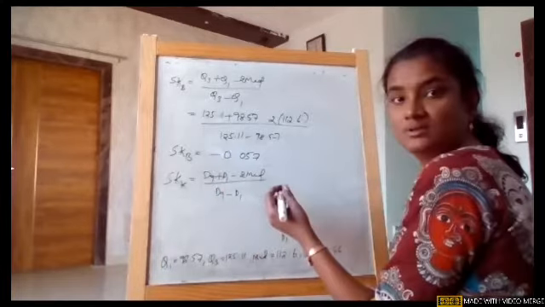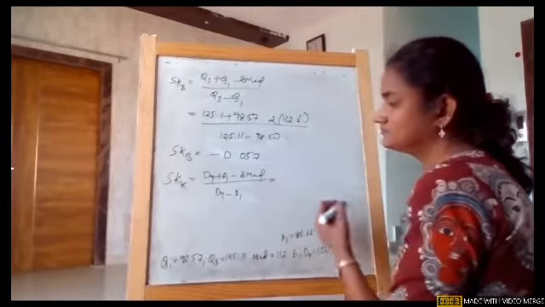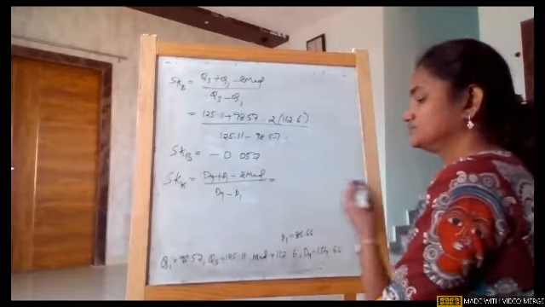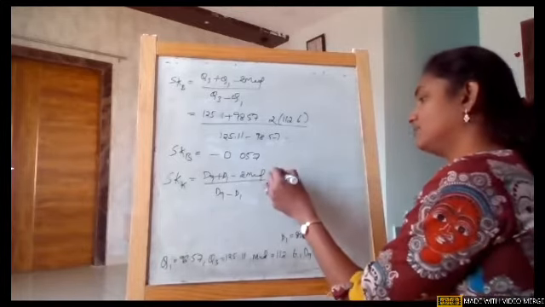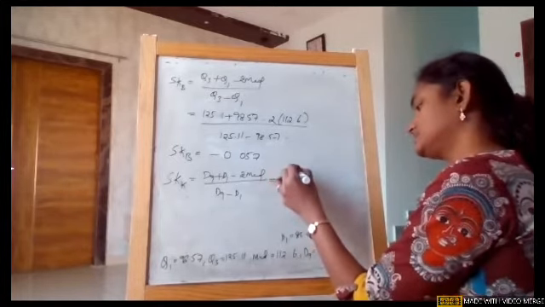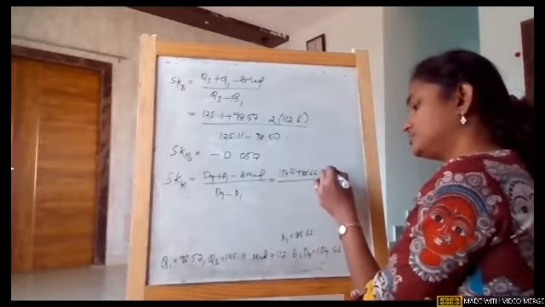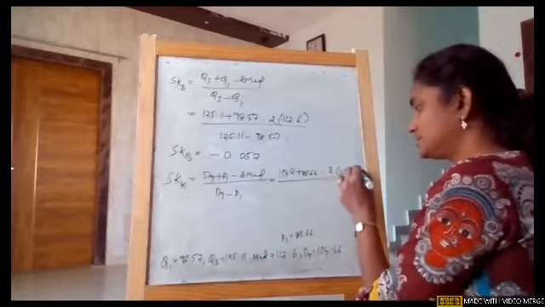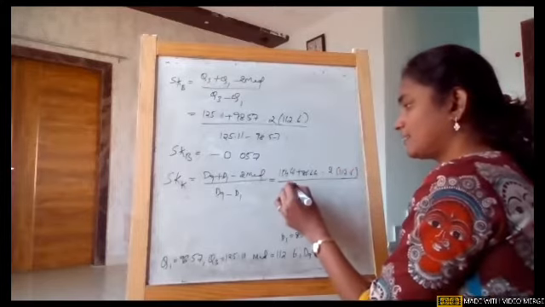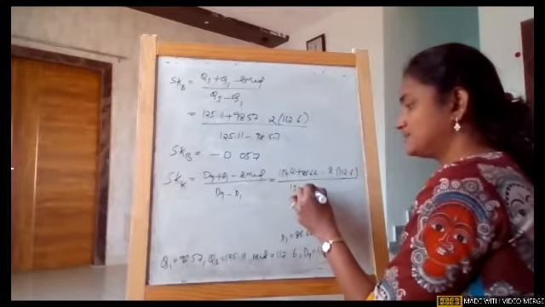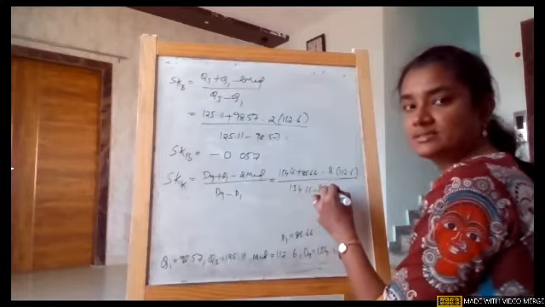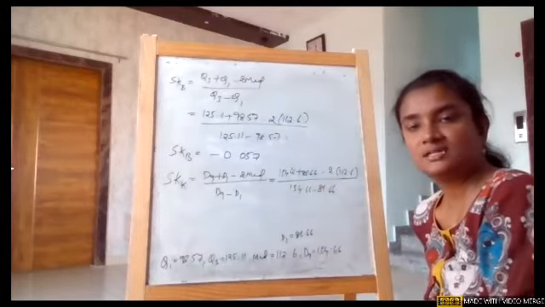So 134.66 plus 86.66 minus 2 into 112.6 divided by 134.66 minus 86.66. Tell me the answer.